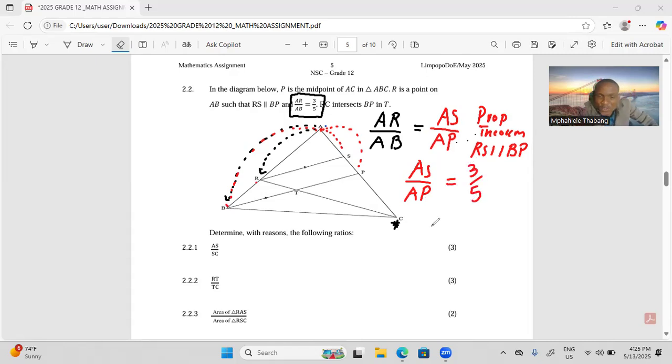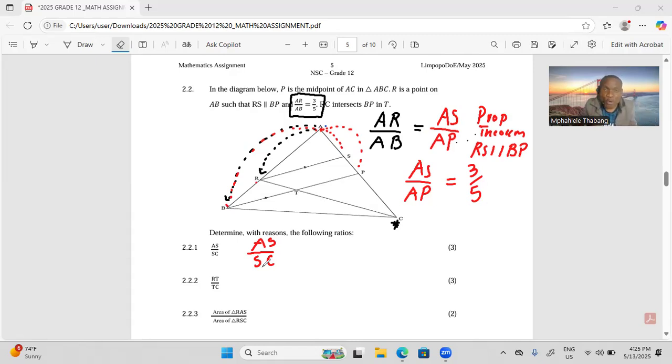Did I solve the problem of 2.2.1? No. In 2.2.1, they are looking for AS over SC. But what do I have? I have AS over AP. I know that AS over AP is 3 over 5. What does the examiner want? AS over SC.